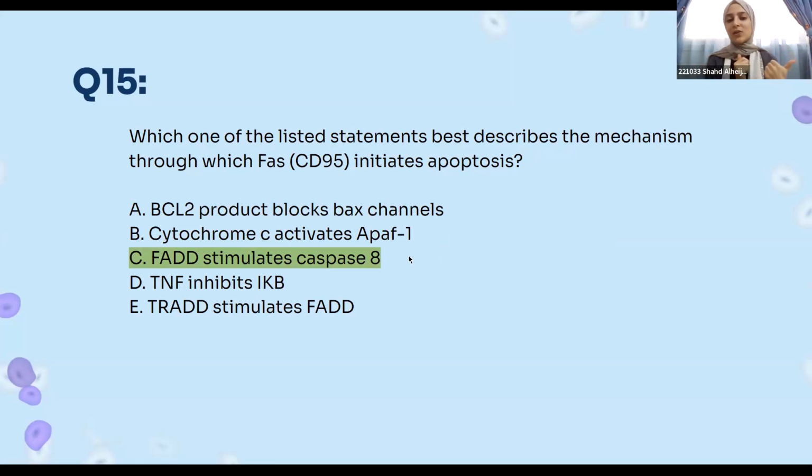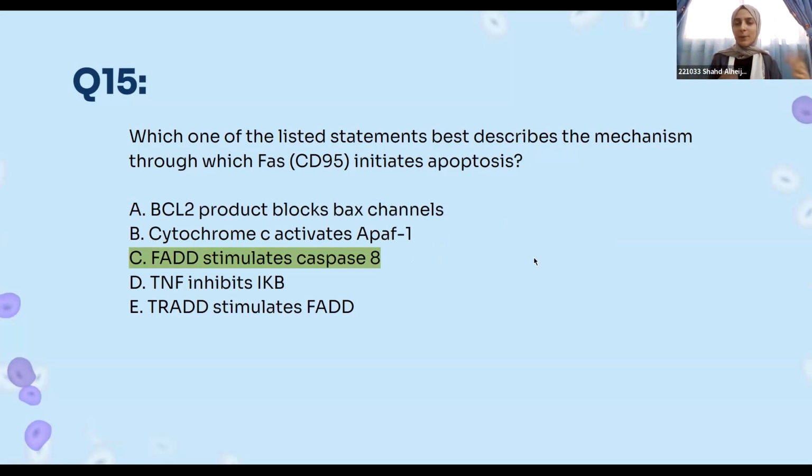Now remember in the cytochrome C question, we said cytochrome C would activate which caspase? Yes, exactly. Cytochrome C would activate caspase 9, while the FAS and FAS ligand in this pathway would activate caspase 8. Now, these are both for apoptosis, but what is the difference between them?